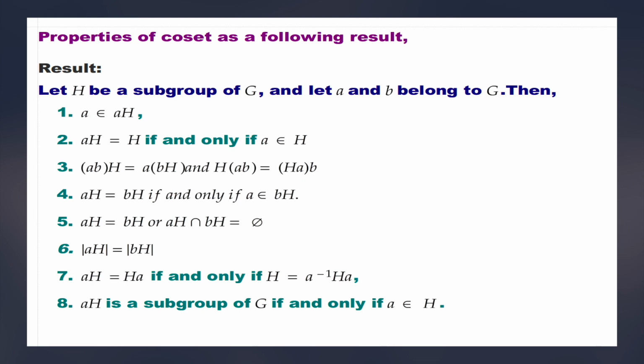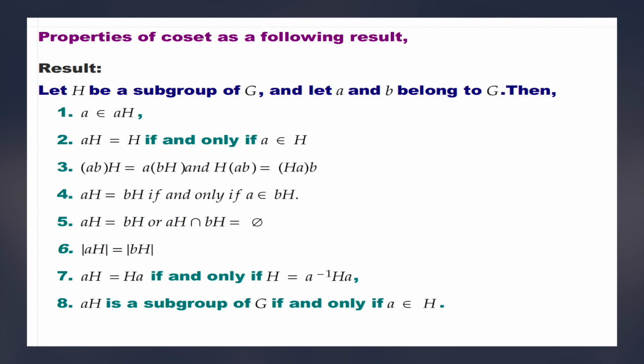The fifth one is aH is equal to bH or aH intersection bH is equal to empty. The sixth one is the cardinality of aH is equal to the cardinality of bH. Seventh one, aH is equal to Ha if and only if H is equal to a inverse Ha.